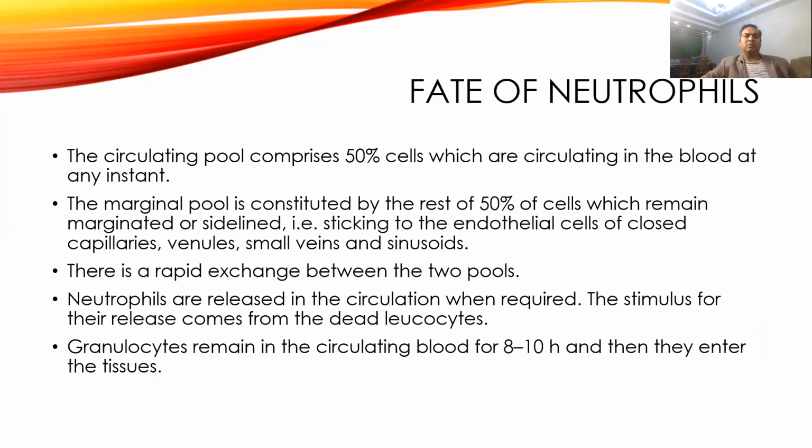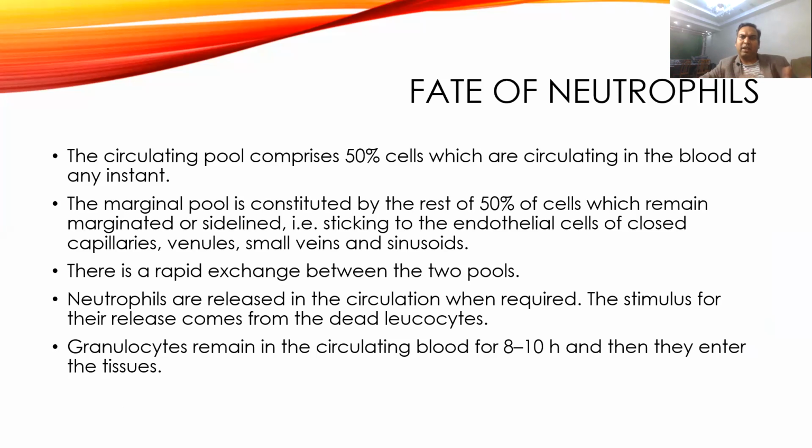Then whenever the neutrophils are released, only 50% will be circulating in the blood, while the remaining 50% will be lodged at the margins of the blood vessels. So these are also called the marginated or sidelined pool of cells. Whenever there is increased sympathetic activity, they will be released into the blood.